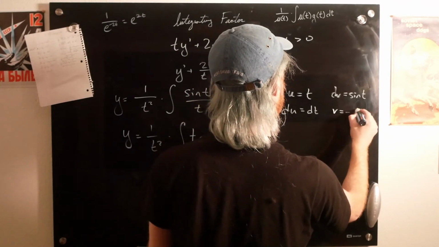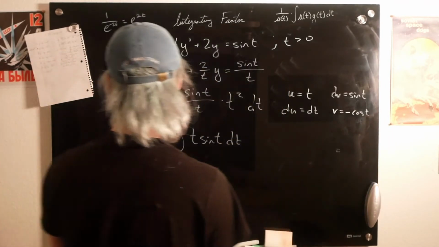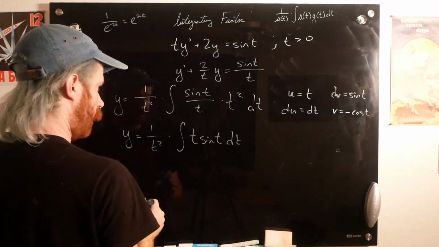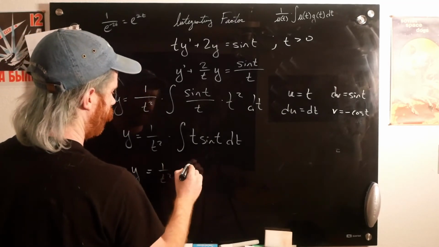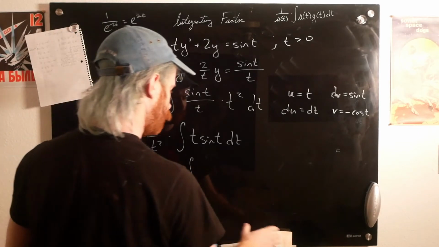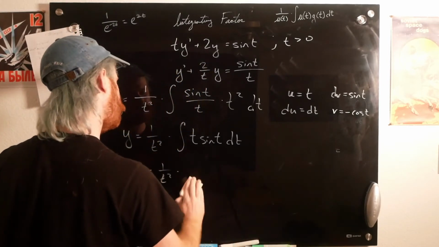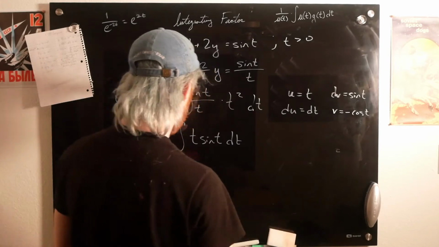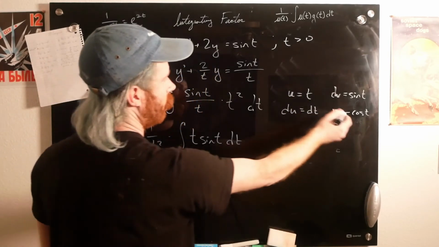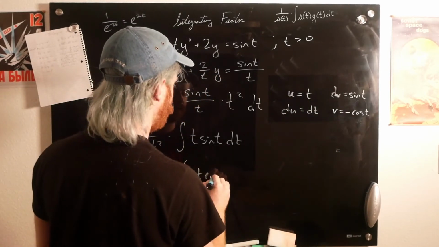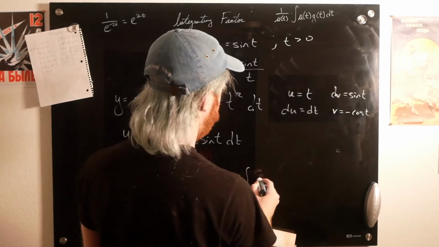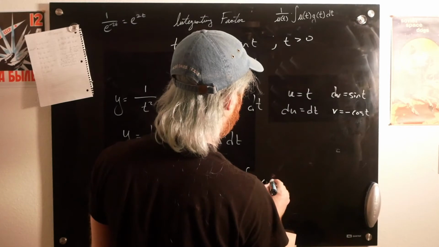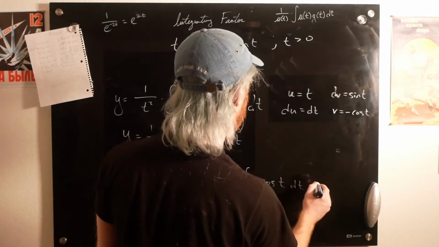V is going to be negative cosine of t. So we are left with y equals 1 over t squared times, we're going to have uv, right, negative t cosine of t, minus the integral of v du, negative cosine of t dt.